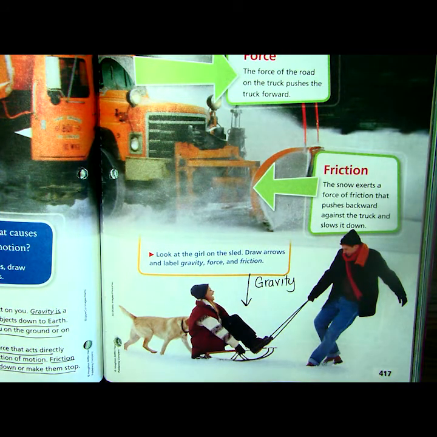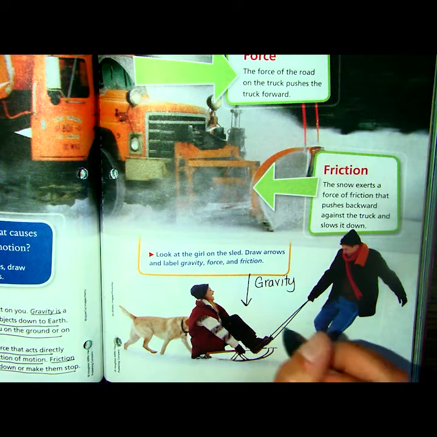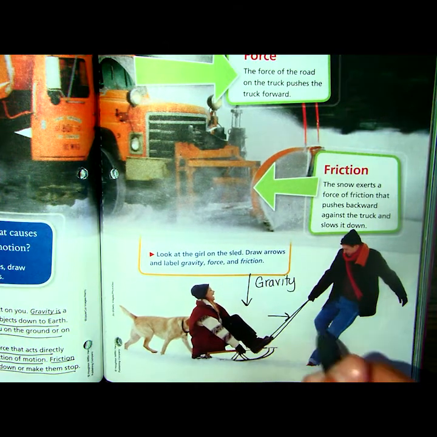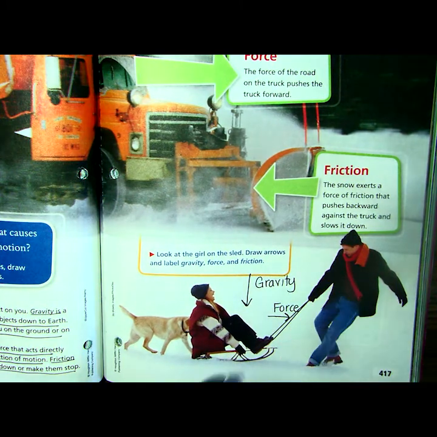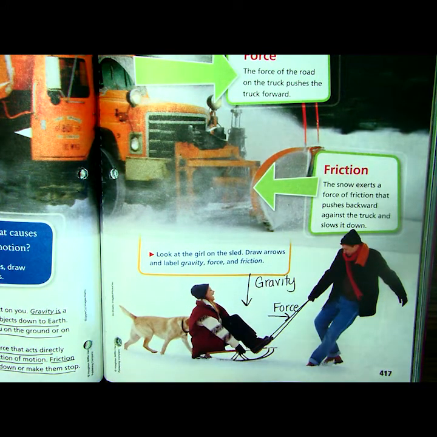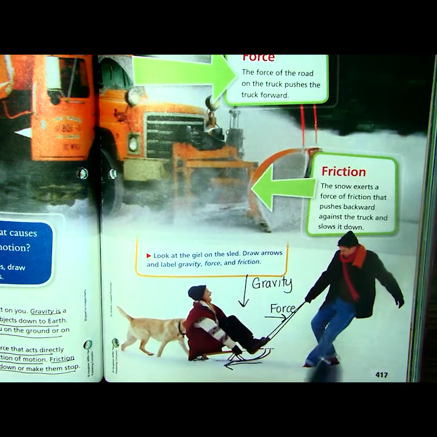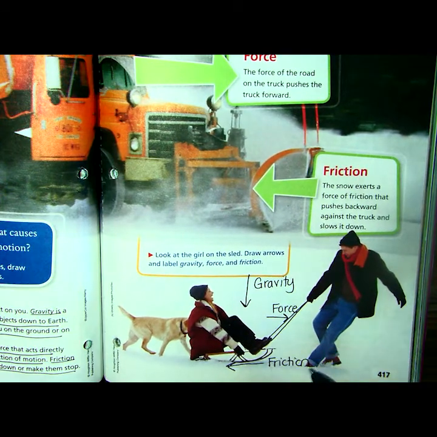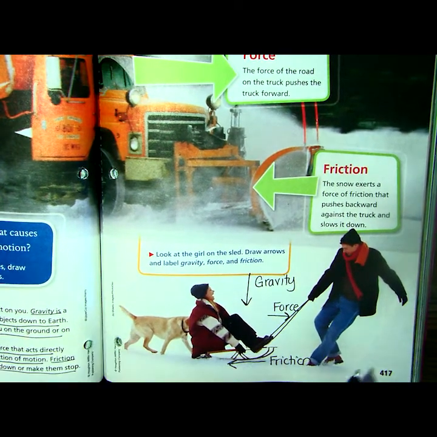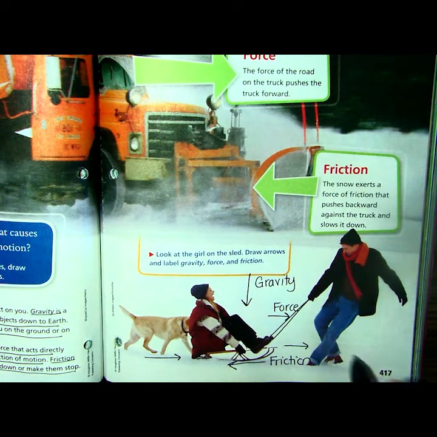Now, force is going to be created right here, at this rope where he is pulling. So this is showing the force, which is moving her in a forward direction. And then friction is going to be right here. The snow is going to be pushing against her direction of motion. We would assume that she is traveling forward, so this direction, and friction is pushing in the opposite direction.